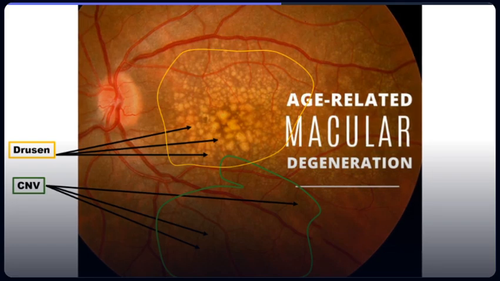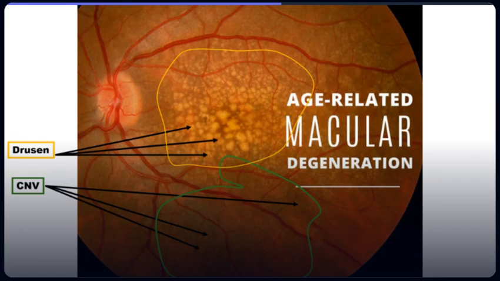Unlike the slow metabolic decline associated with drusen, these neovascular membranes are inherently fragile and prone to leakage, leading to the sudden exudative changes that define wet macular degeneration. Consider the biochemical environment. Why would the chronic inflammation triggered by these drusen deposits serve as a potent catalyst for the pro-angiogenic signals that drive this invasive vascular growth?